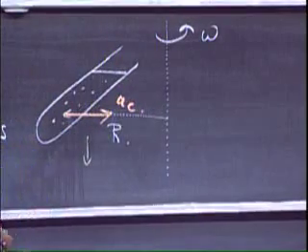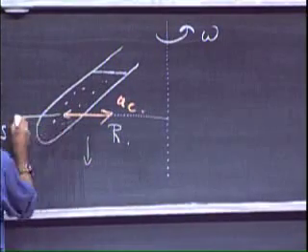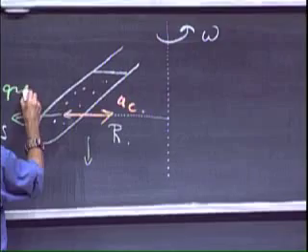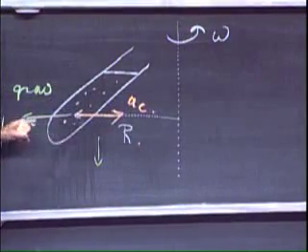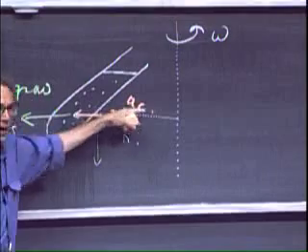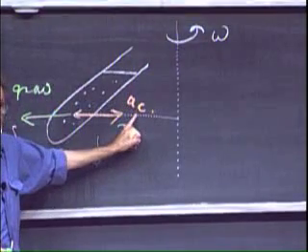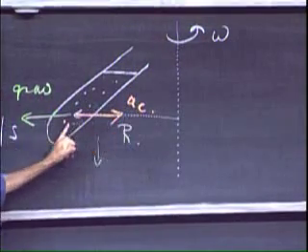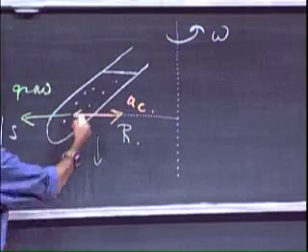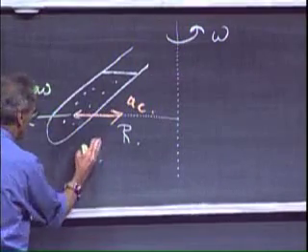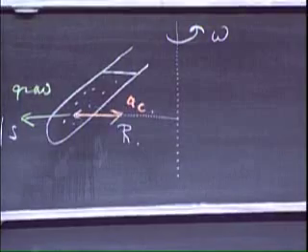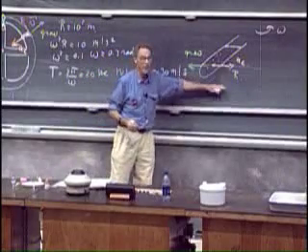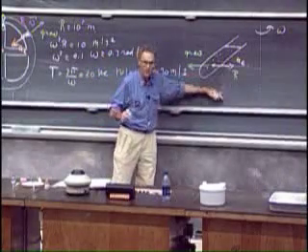And so the particles now say, aha, gravity is in this direction. This side of the glass and the liquid is pushing in this direction to provide this centripetal acceleration. So if you ask them where is gravity, they will say gravity is there. And this gravitational effect can be so much stronger than this one that you can forget this one. You will see that in a minute. You can completely forget this one.